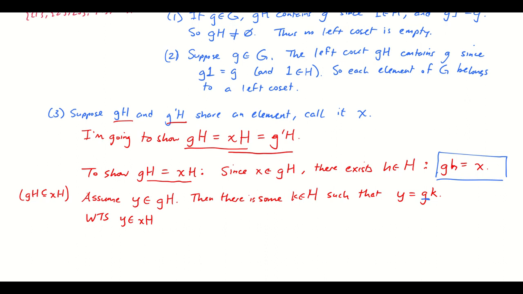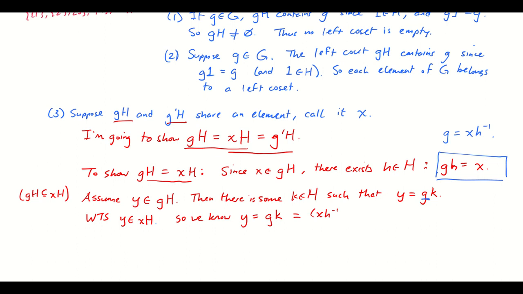This equation gives me a nice tool for doing that. Because gh is equal to X, by multiplying each side of the equation by h inverse on the right, g is equal to X h inverse. And that's very nice, because now I can say y is equal to g times k, but g is equal to x times h inverse.